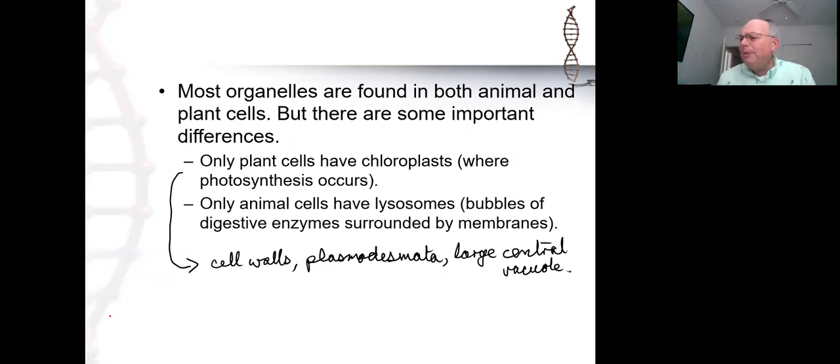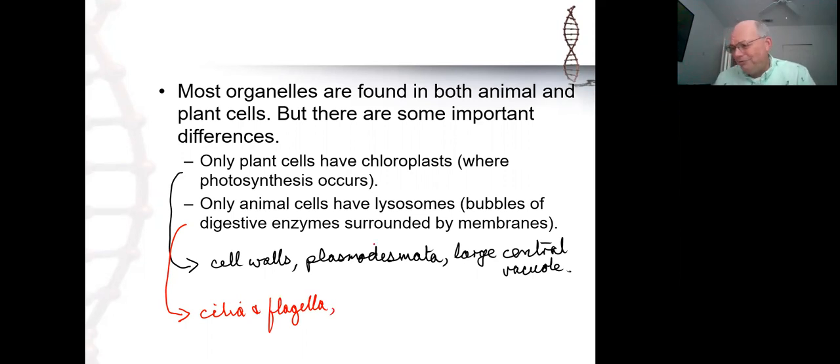When we start thinking about unique features in animal cells, well, we've got lysosomes in there. Another thing that we could put in is cilia and flagella, because this is something that you're not going to see on plant cells, but you will see on animal cells.